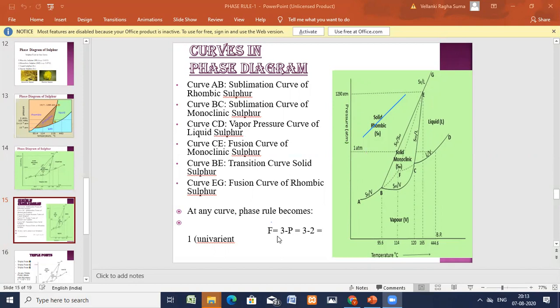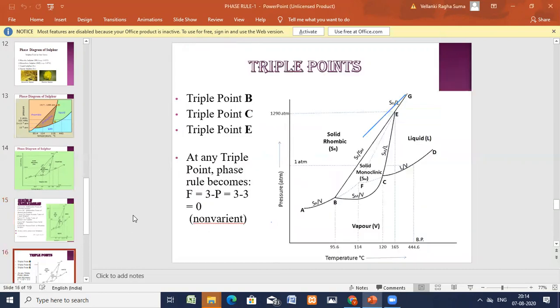C is 1, P is 2. F is equal to 3 minus 2, equal to 1. It is a univariant system. All the curves are univariant systems, just like in the water system. Now we'll go for the triple points. You are having triple points: triple point B, triple point C, triple point E.